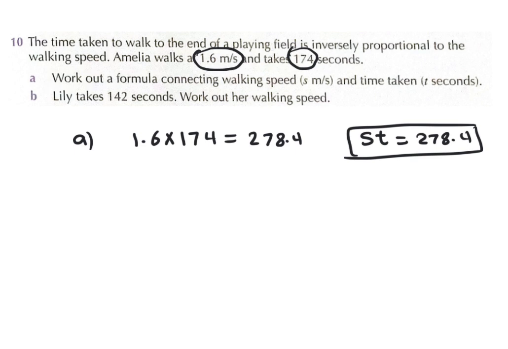Read B. Lily takes 142 seconds. Work out her walking speed. Okay. So we need to find s. s is equal to 278.4 divided by 142.